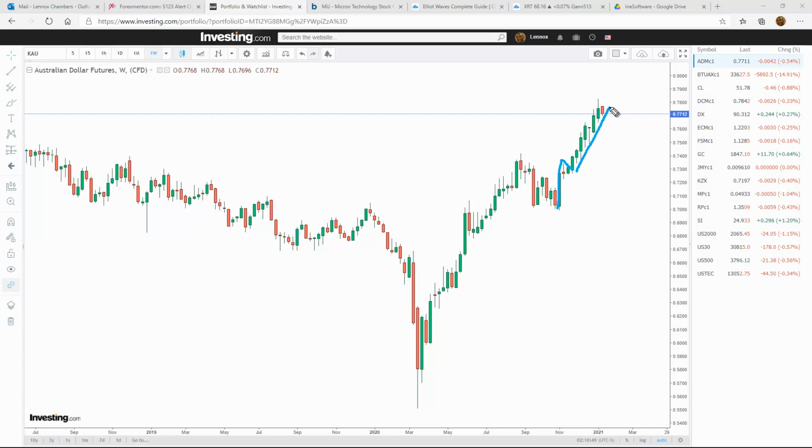So we could see some gyration and movement sideways here before we continue to the upside one more time. Even though we are at a resistance area, we could see something like this play out and we'll push back up.